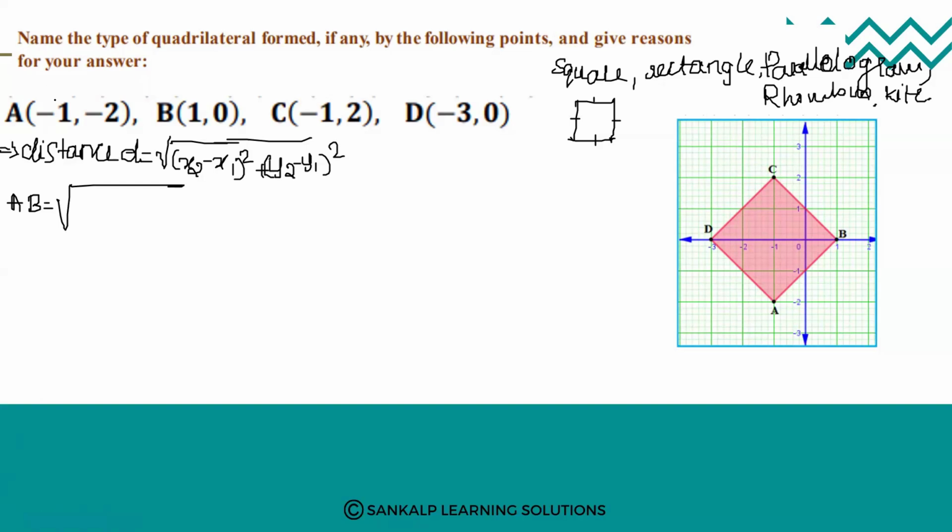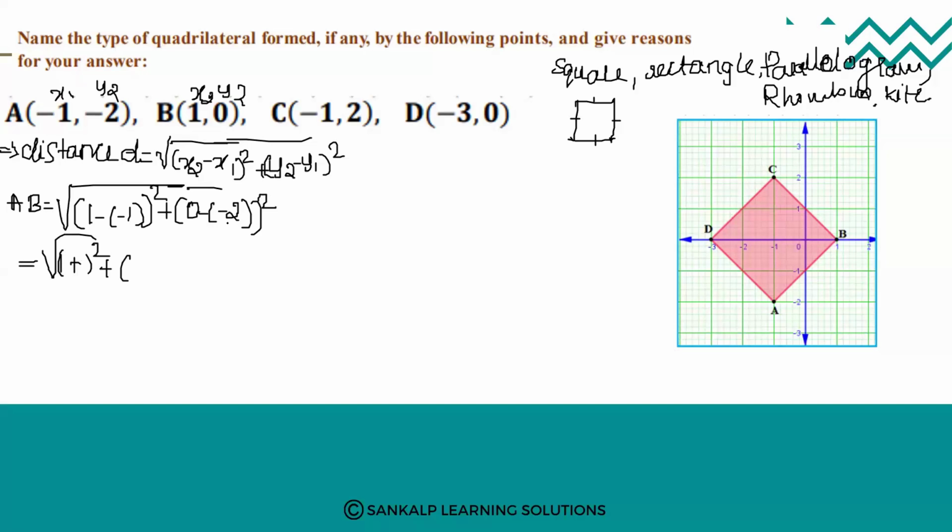So this is x1 y1 and this is x2 y2, right? Now the x2 value is 1 minus of minus 1 whole square plus the y2 value is 0 minus of minus 2 whole square, right? Now 1 minus of minus 1, that means 1 plus 1 whole square, plus minus of minus into minus, it is plus 2 whole square.